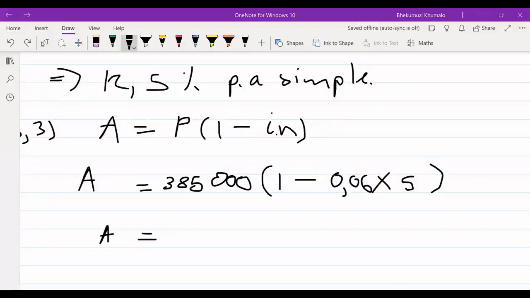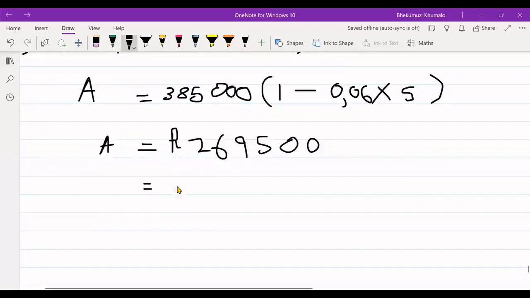So as I calculated, it's 385,000 bracket 1 minus 0.06 times 5, and equals, so that is 269,500.